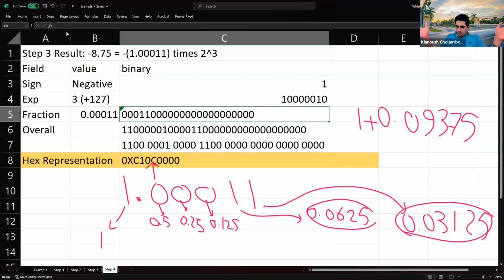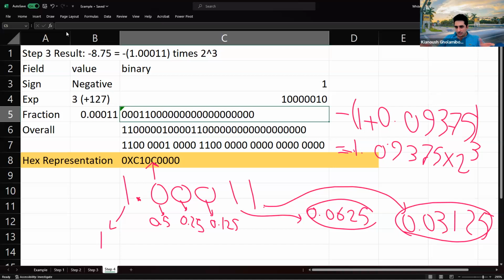And the next step is to say, all right, so the number is 1.09375 times, I'm sorry, I forgot the sign. The sign should be a negative. So this is a negative number, right? It's going to be negative this times 2 cubed.